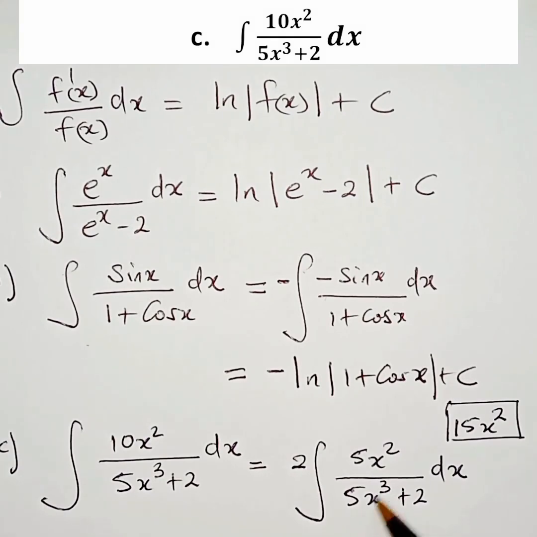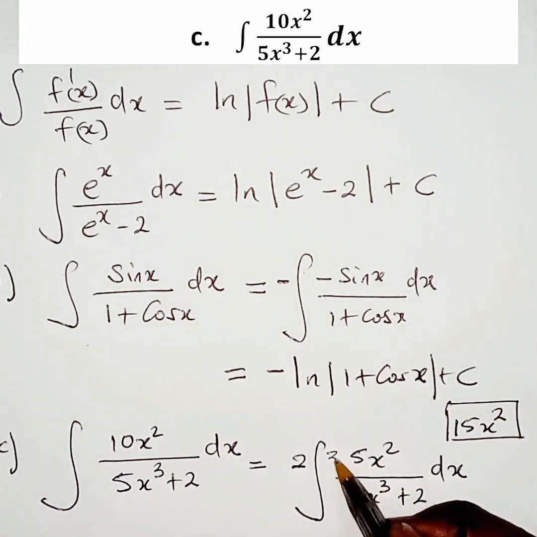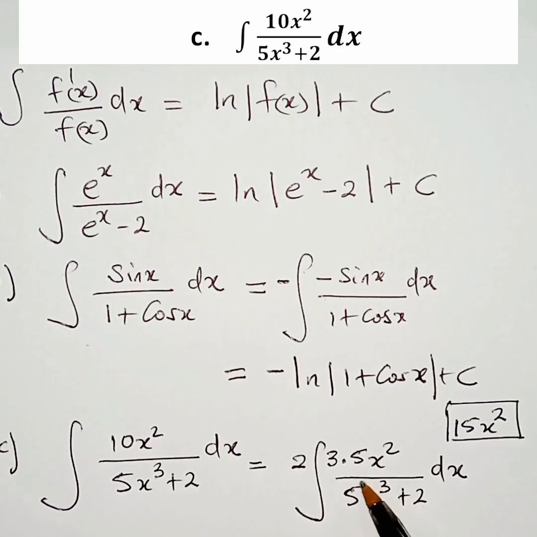We need to create a situation where we have 15x squared. So we just need to multiply by 3 on that. But we can't just do it. We need to also divide by 3 so that the statement becomes true. Because 3 by 3 gives you a 1, and 2 by 5 still gives you 10x squared. All right. But we know we are going to get that.